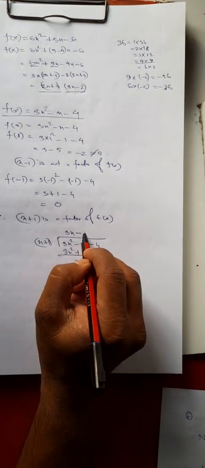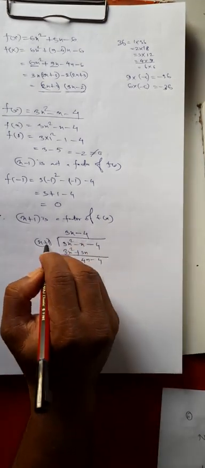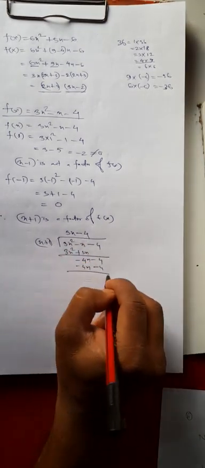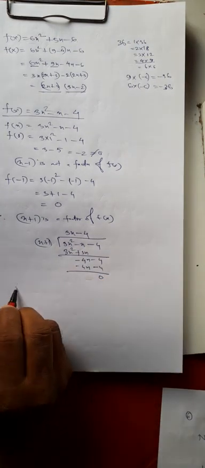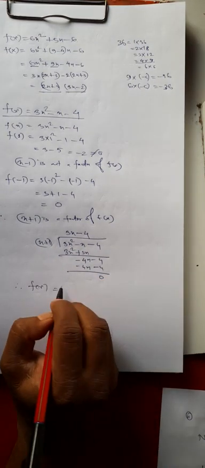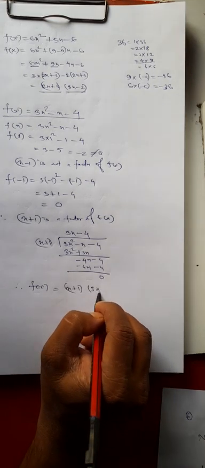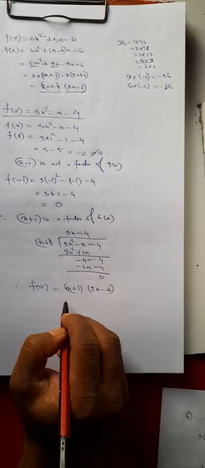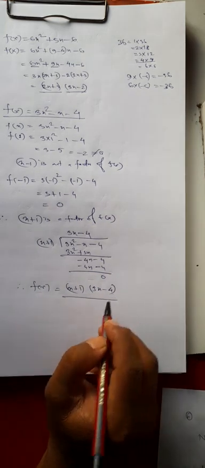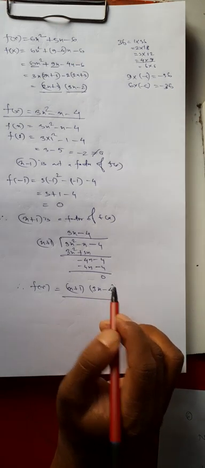You put here −4: −4 into x is −4x, −4 into 1 is −4, remainder is 0. Therefore f(x) has one factor x + 1, another factor 3x − 4. This is how we can factorize with the help of the factor theorem also.